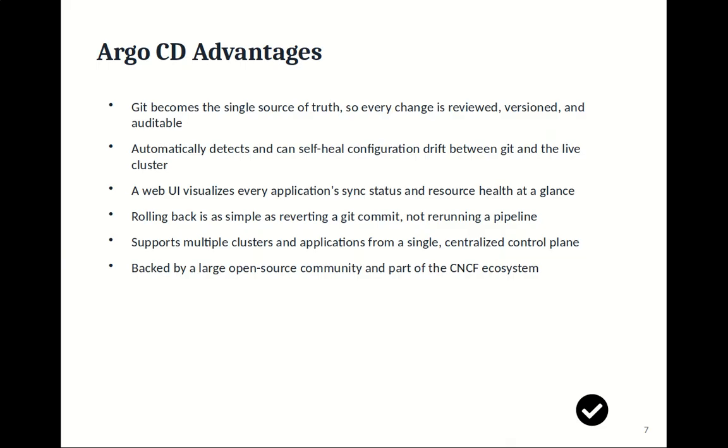Rolling back is as simple as reverting a Git commit, not rerunning a pipeline. Supports multiple clusters and applications from a single centralized control plane. Backed by a large open source community and part of the CNCF ecosystem.